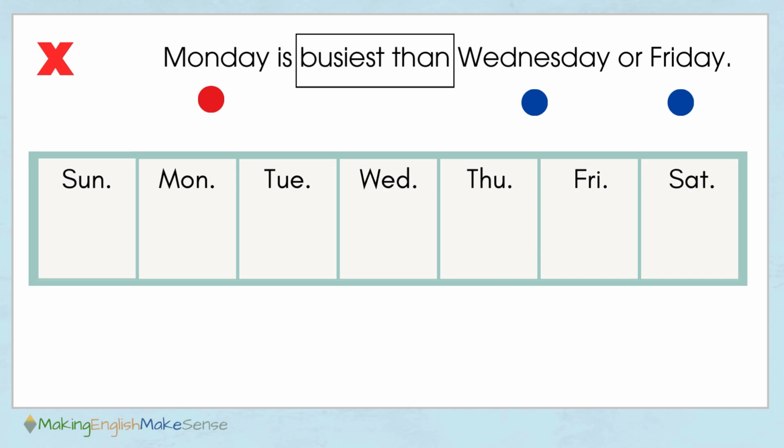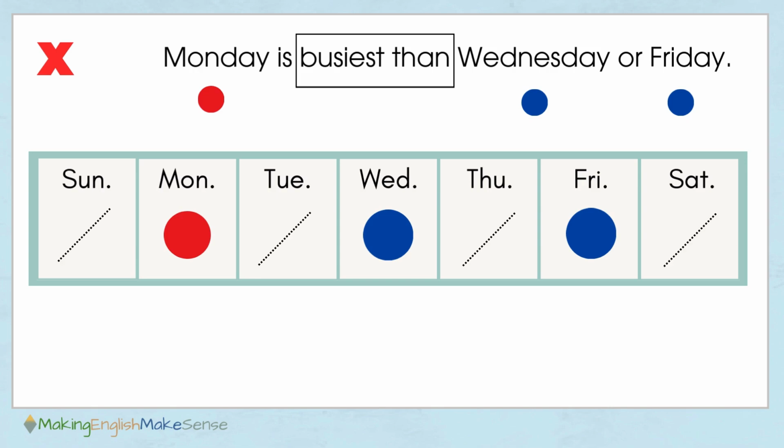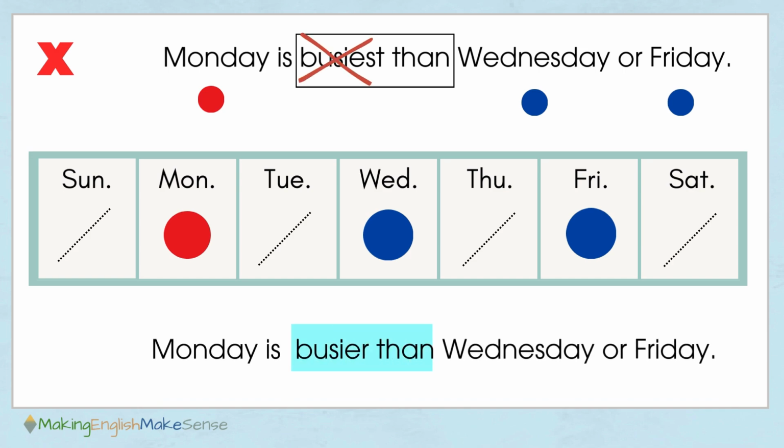In this case, one day of the week is being compared to 2 other days of the week, but not to all the other days of the week. So using a comparative construction here is the only option. So Monday is busier than Wednesday or Friday is correct.